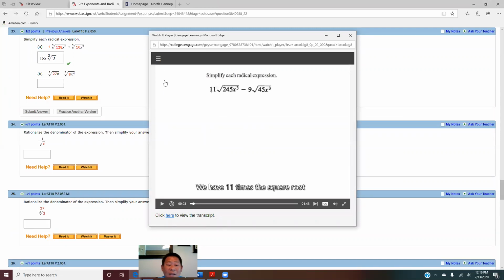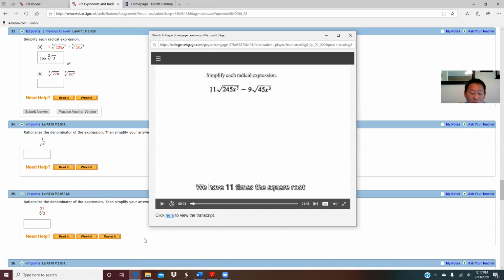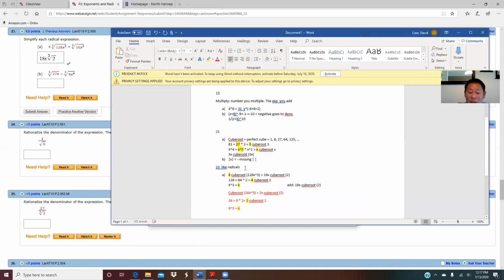The only thing about this video is that it uses a square root, while question B is a cube root. So what you need to do here is the cube root, like what I did just now with this question 38 here. So go ahead and try to do this question.